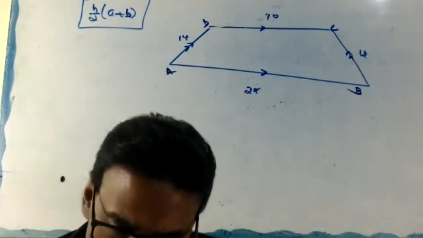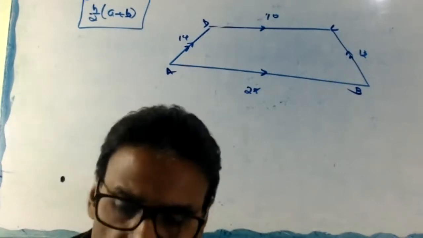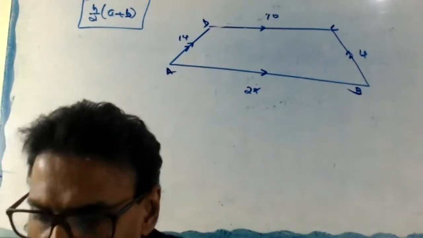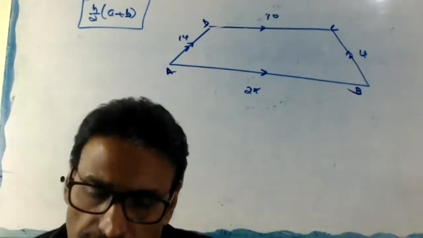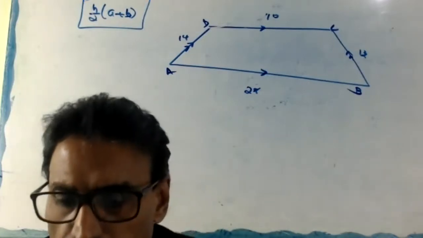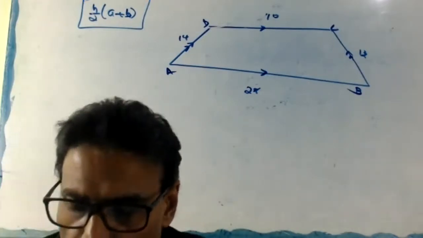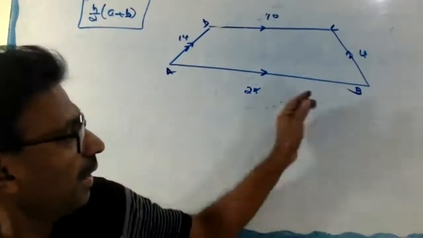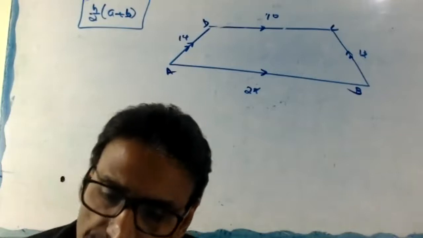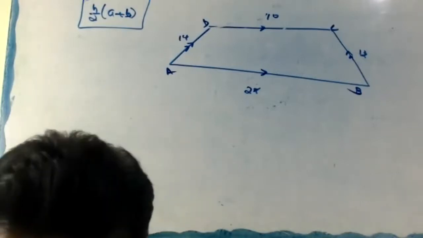Don't write now. The area of a trapezium formula is h by 2 into a plus b. h is the distance between the parallel lines. a and b are the lengths of the parallel sides. In this question we have a 25, b 10, only h is missing. That we have to find out. Plan understood or not?